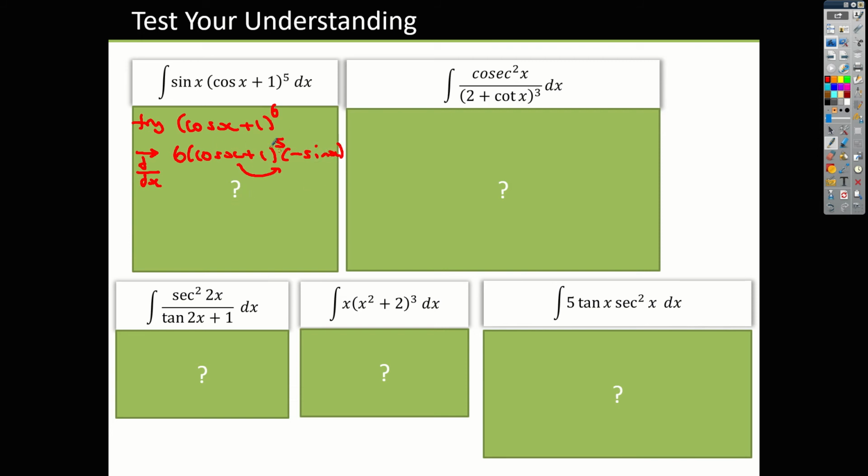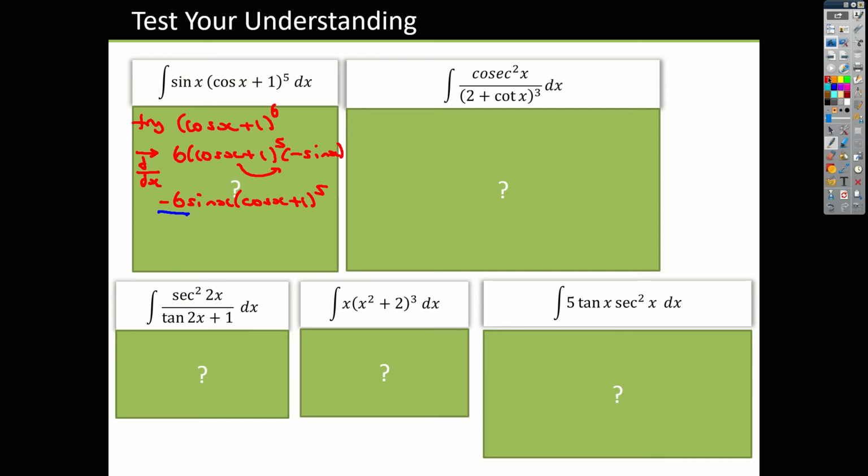Like that. Right, if I tidy up, I can put things at the front to get it to match this stuff. So this is minus 6 sine x, cos x plus 1 to the 5. Now, this mostly matches what I've got at the top, except the only difference is my constant at the front, which gives me minus 6 times what I'm supposed to get in this integral up here.